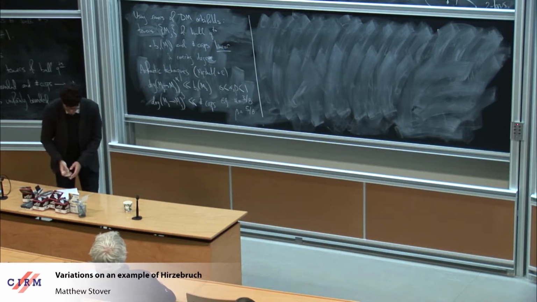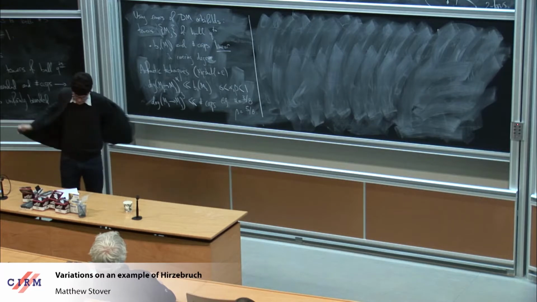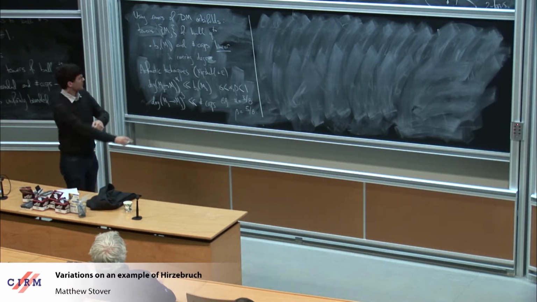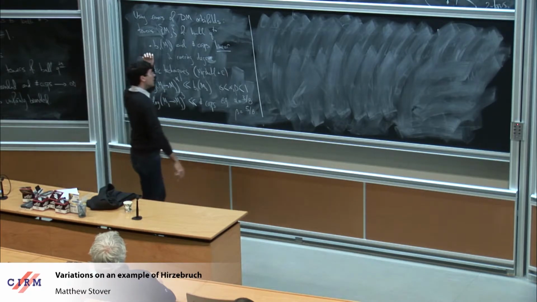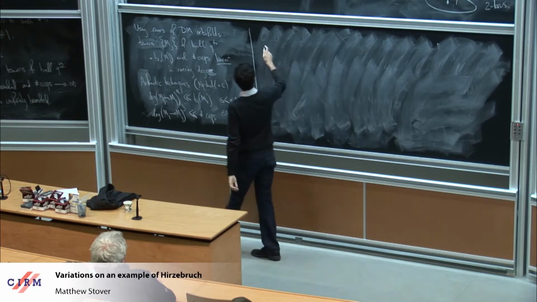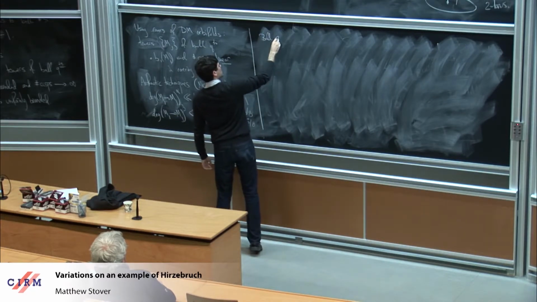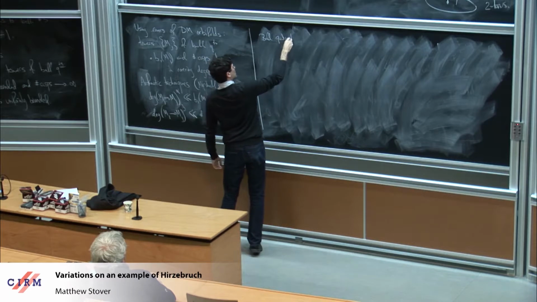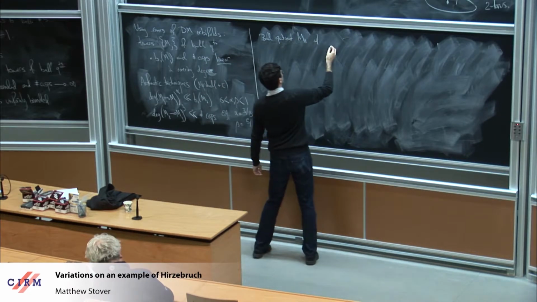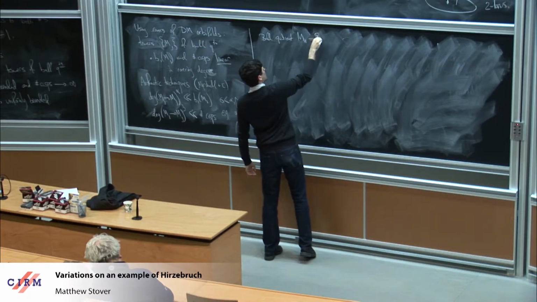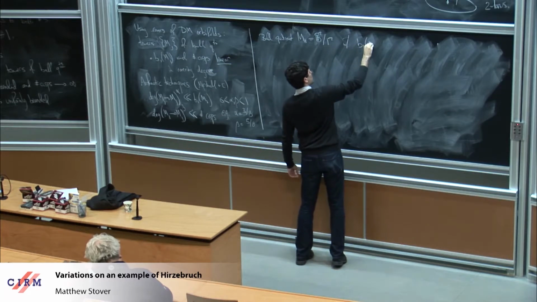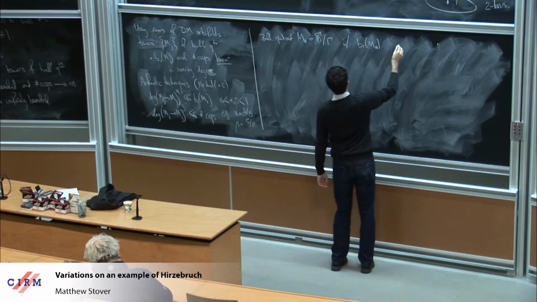Halfway there, huh? Okay. Very good. All right, so what are we doing here? So we have a ball quotient M_H, this is B2 mod gamma, with first Betti number greater than 0.